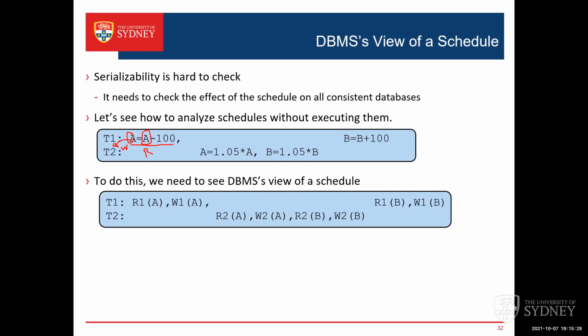Have a look. R means read, W means write, 1 means coming from transaction number 1, A means the data item on which we are working. So R1 means in transaction 1 you first need to read A, then in transaction 1 you need to write A. Does that make sense for all of these equations?